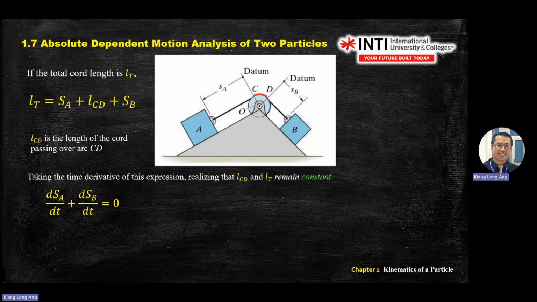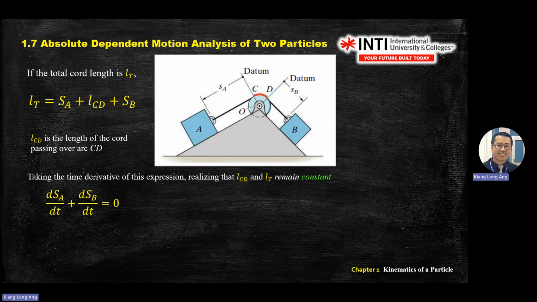Now when we take it, the change of the total length doesn't change because we assume that the rope is not flexible. It's rigid. So however much you pull from one side, it will transfer to the other side. Right? So this dL/dt will be 0. Unless the question gives you a flexible rope, then there's an equation here.